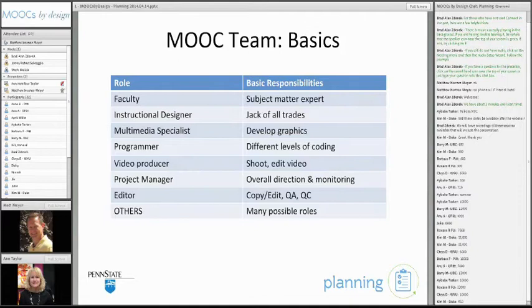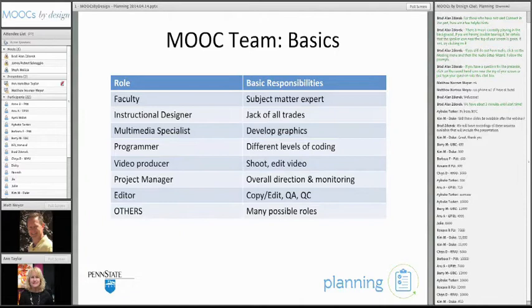I'm not talking about someone who just comes in and writes code, but depending on your technology environment. For example, at Penn State, we're using Coursera currently as our MOOC platform. In the future, we may move to other ones, but there will always be someone in the role that knows the programming level things we can do with platforms.